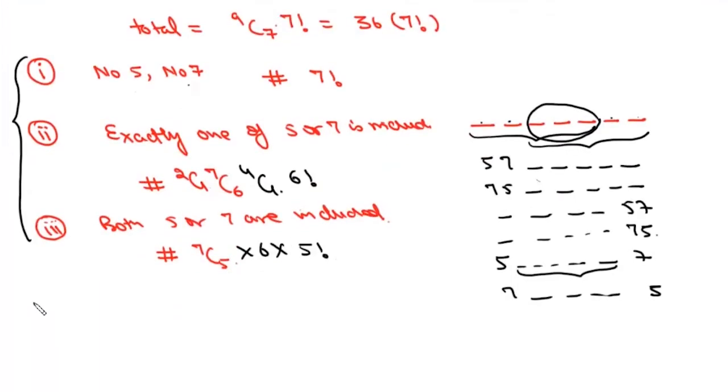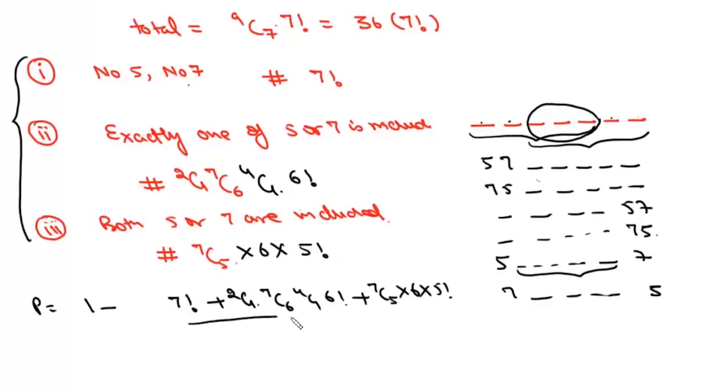So this probability will be 1 minus, now this is factorial 7 plus 2C1, 7C6, 4C1, factorial 6 plus 7C5 into 6 into factorial 5 divided by 36 factorial 7.